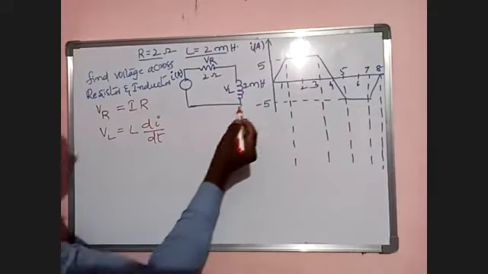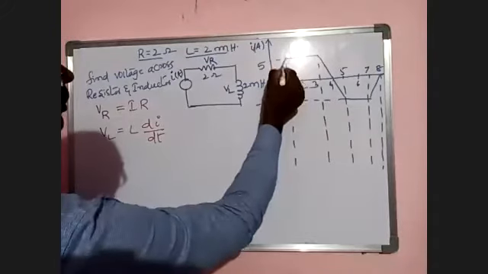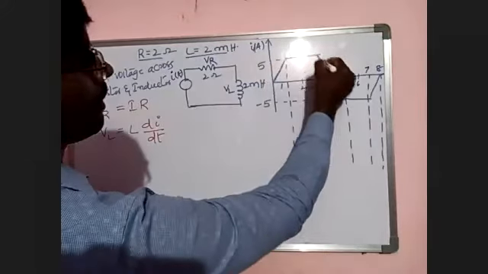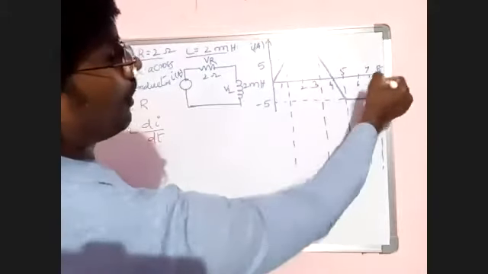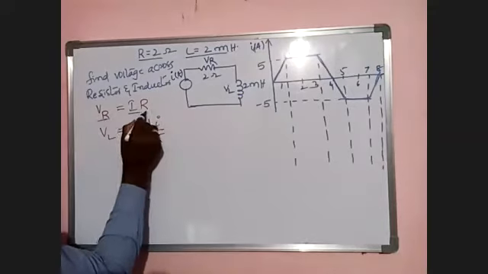However, see, it has constant slope. Okay. So VR is equal to I into R.